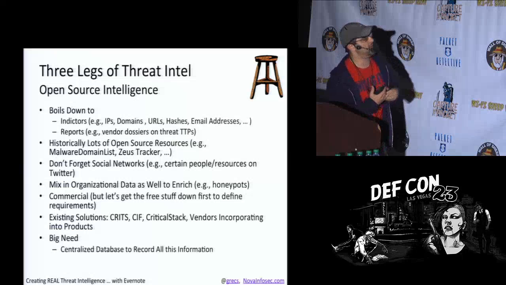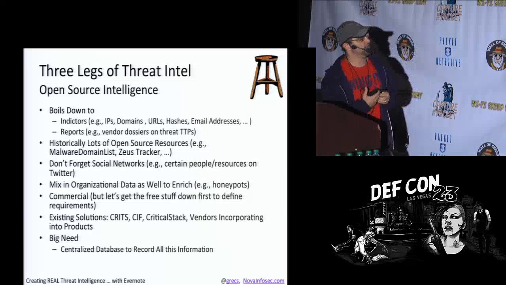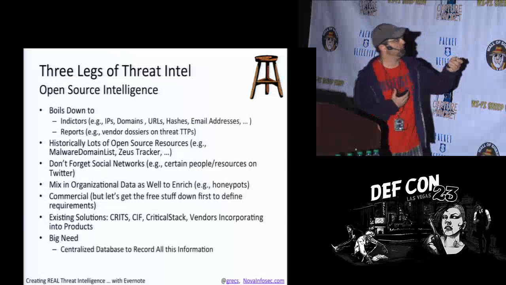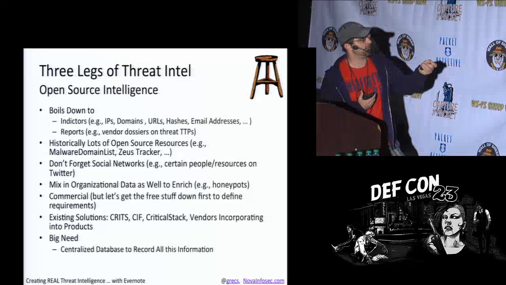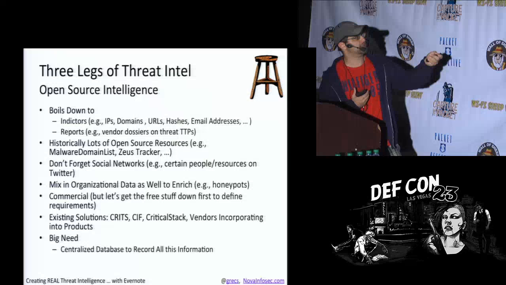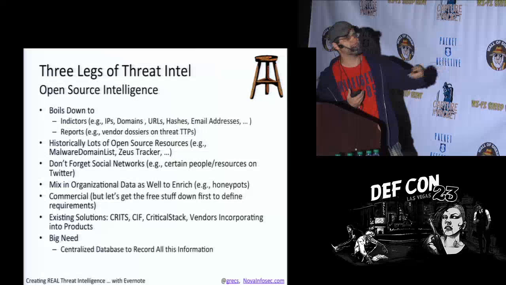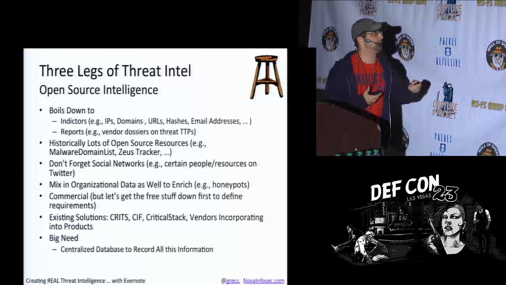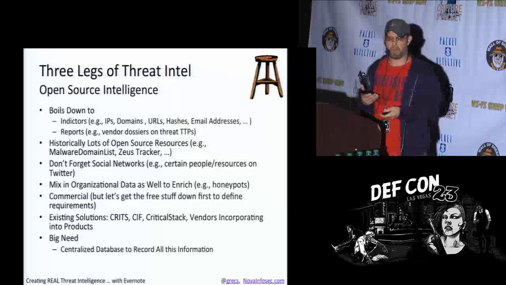So, just talking about some of the different types of intel that's out there. Open source, we talked a little bit about this. You have these basic building block things like IPs, domains, URLs, etc. And then you have the reports that come out.